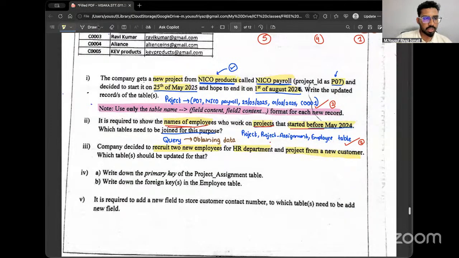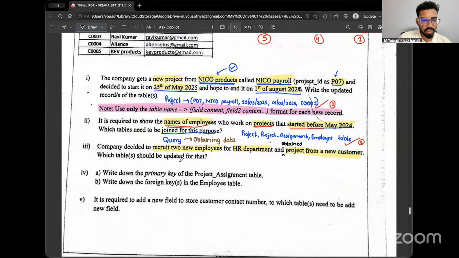I think they have to mention obtain a project. I think it has to be obtained a new project from a new customer. That time the English doesn't make sense. Or gets a new project from a new customer. Either obtain or gets, whatever.